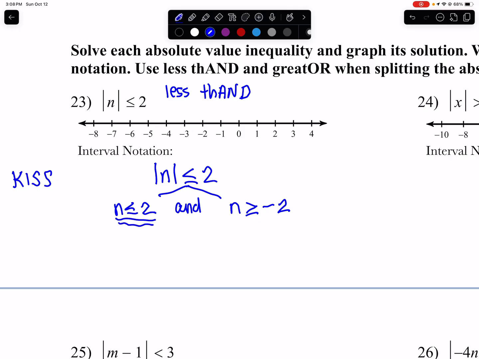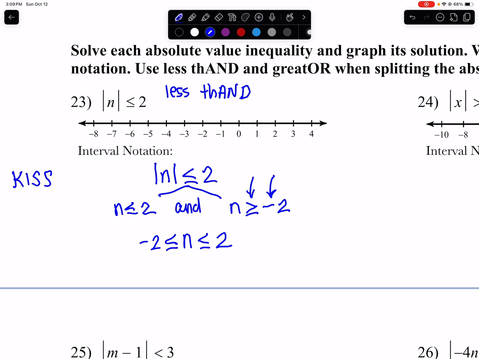Basically saying, hey, do a copy and paste here on the left, and then on the right, make sure you flip this sign and flip this sign. Now, it is telling us that n is bigger than or equal to -2, but less than or equal to 2. So because it's "and," we are allowed to write that as a double inequality like this.